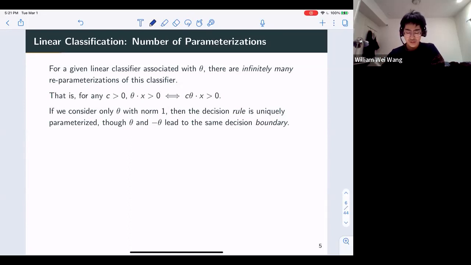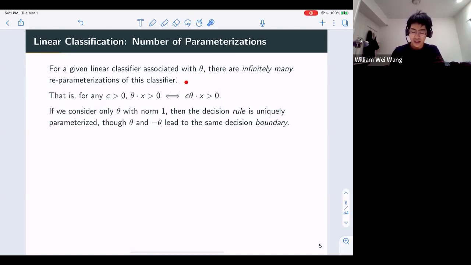Okay, so remember when I said that if you flip the sign of theta, then you end up with a different decision rule, which flips the labels of your original decision rule. It turns out that if you have a linear classifier associated with theta, there are actually infinitely many reparameterizations.